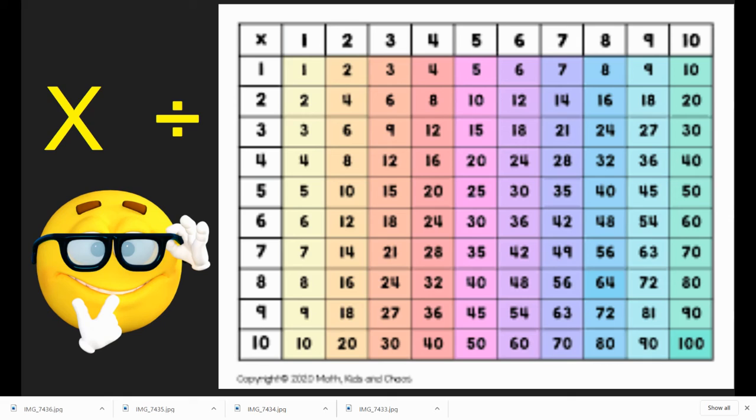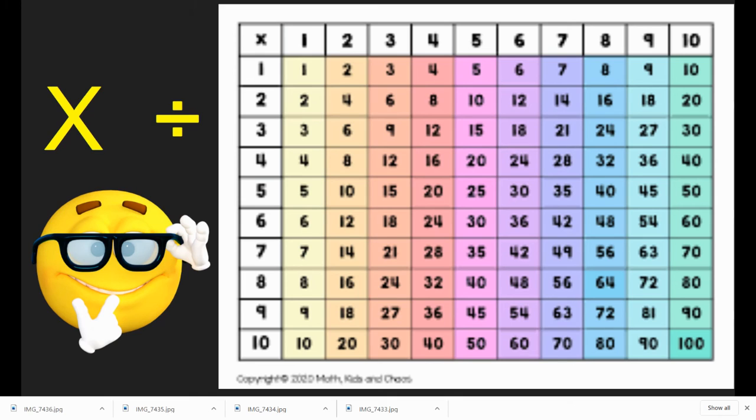Pause the video. Number 13, the leaves of a poison ivy plant are found in clusters of 3. One poison ivy plant has a total of 21 leaves. How many leaf clusters does this plant have? Pause the video.